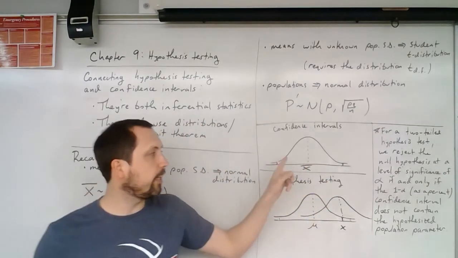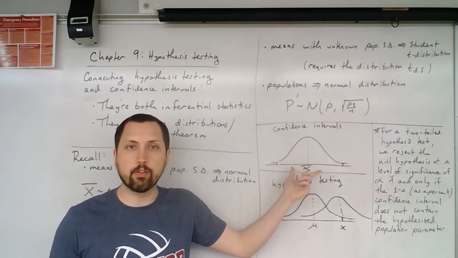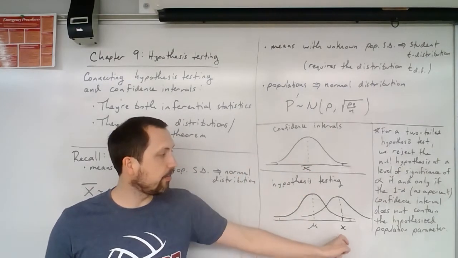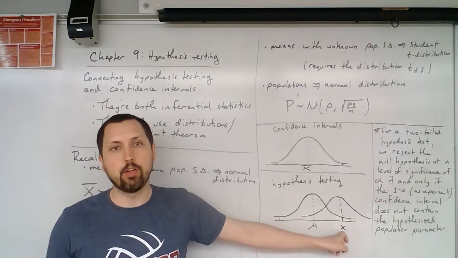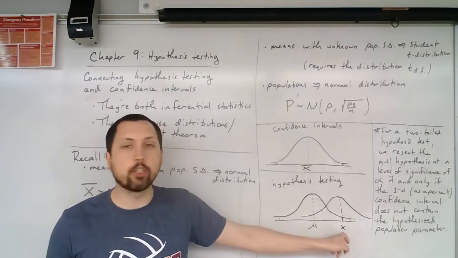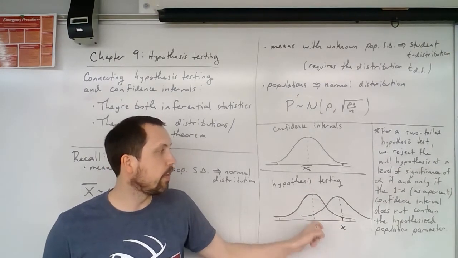So our population mean will fall within the range of our confidence interval, and we're going to get a very large p-value, so we will not reject the null hypothesis. We're just going to chalk that up to random chance. We're thinking that that's nothing special.